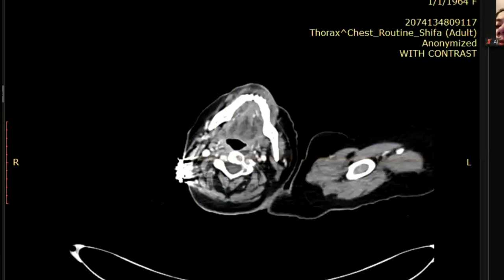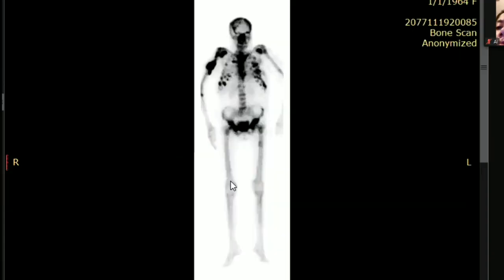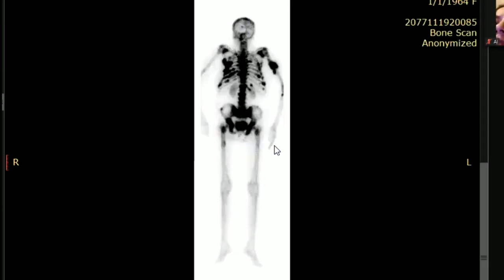I think I have a bone scan as well. Let me review. Yes. So just look at the bone scan. So the humerus and all this and the breast, and this is the left. I'm not sure why the scapula. This is the left scapular lesion. Oh, sorry, this one. I'm sorry, I have flipped the image.